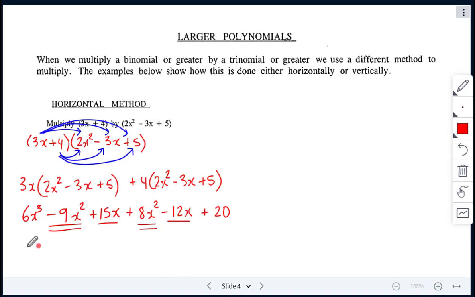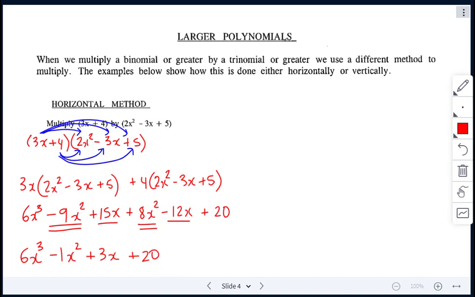So rewriting this now, we have 6x cubed, and then negative 9 plus 8, that's negative 1, or just a negative x squared. Then we have 15x minus 12x, which gives me positive 3x, and then just plus 20. I did write this in descending order, so x cubed, x squared, x, and then just the constant.